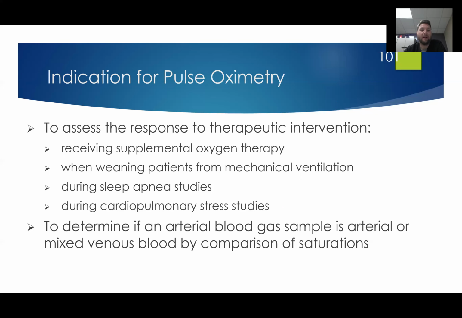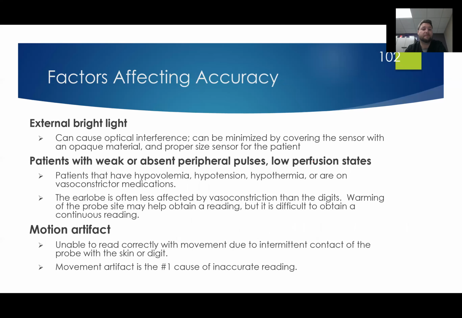Comparing your SpO2 to your SaO2 on your blood gas can tell you if you're in the ballpark. If you drew a blood gas and it says your SaO2 is 70 and you look up at the monitor and the SpO2 on the patient is 95, then you know something's not right. There's something wrong with that ABG. You need to draw another one.